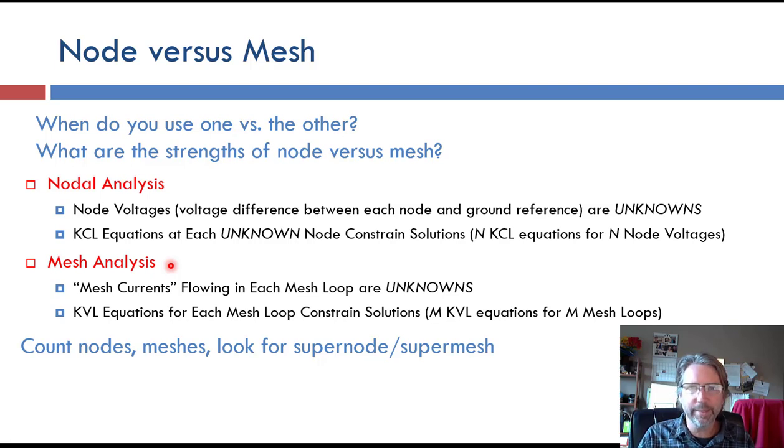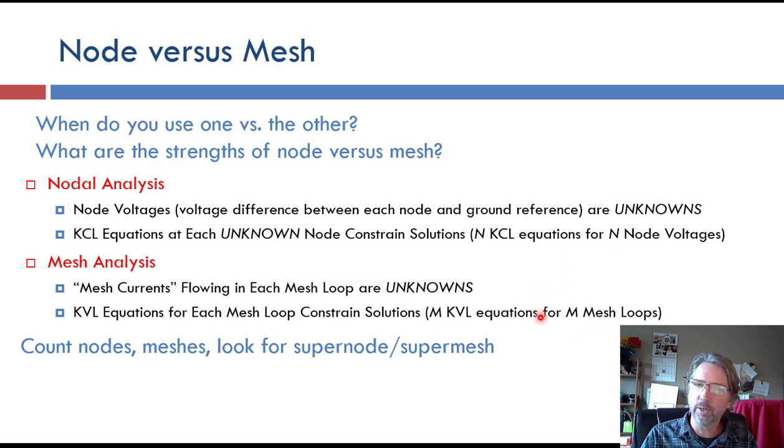Sometimes a more important thing is how easy it is to get a system of equations. And looking at the 2 techniques, you can have a very different number of unknowns and equations. So for every unknown node voltage, you'll have an equation, n equations for n nodes, where with meshes, you'll have m Kirchhoff's voltage law equations for m mesh loops.